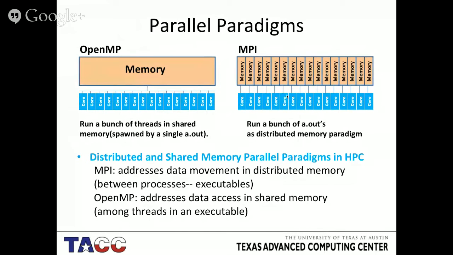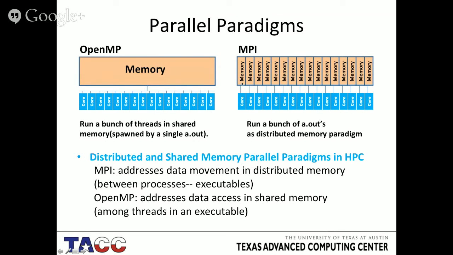What happens when you go to many core? When you go up to 32, when you go up to 60? Well, you may not want as many tasks on a node. And what you might think about doing is, instead of having 16 tasks, why don't I run one task, and then underneath that task, I run OpenMP within the same code.